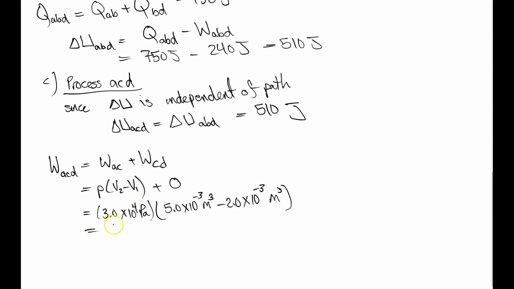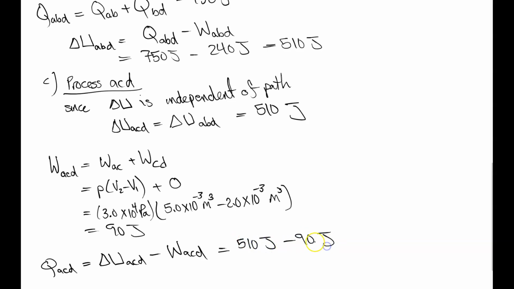We do this, we get about 90 joules, which means that Q for ACD is going to equal the change in internal energy for the ACD process minus the work for the ACD process, which is 510 joules minus 90 joules.